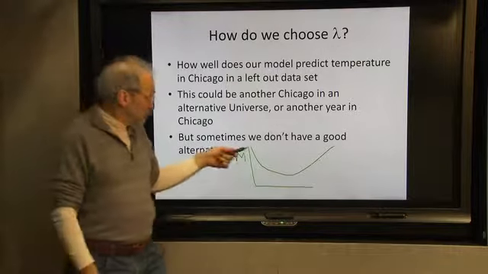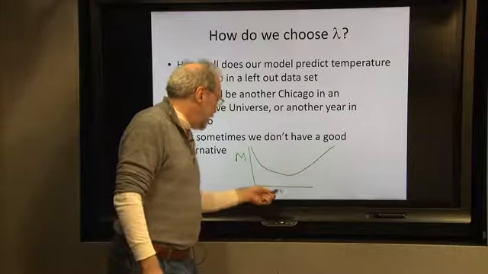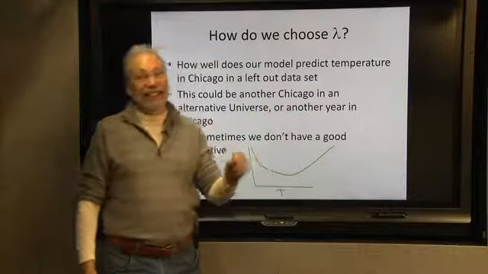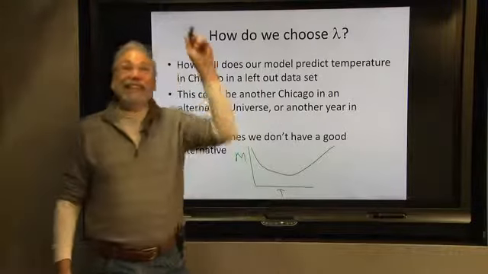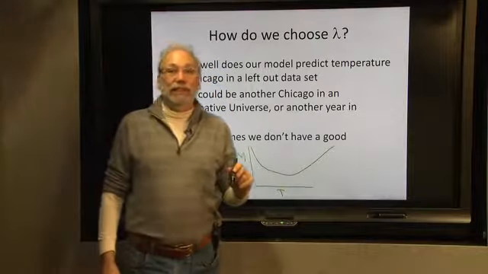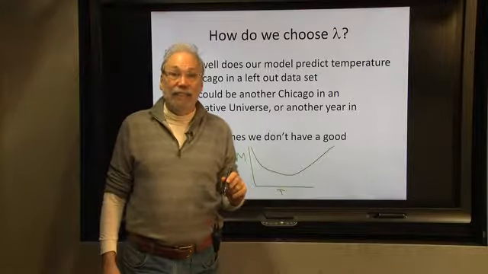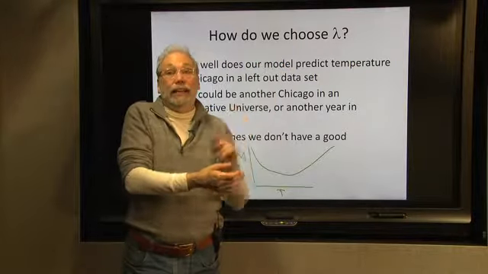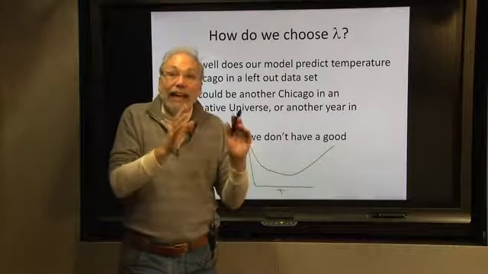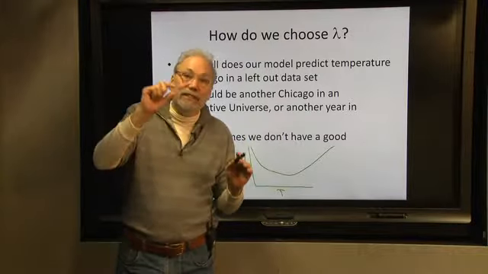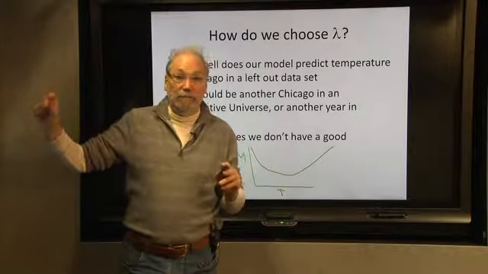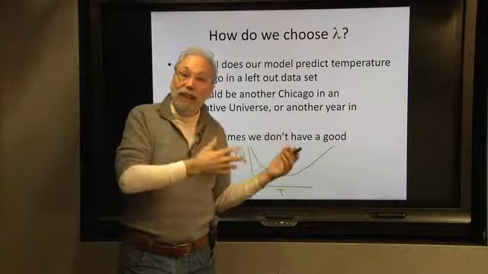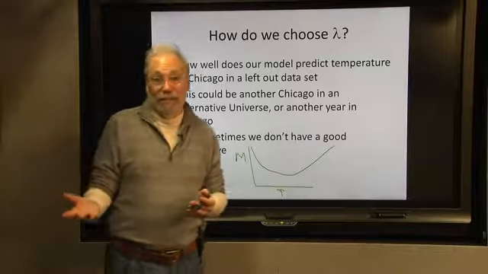I take the predicted mortality at every temperature from this curve, and I go in the validation data set, and I say, oh, well, 22 degrees, bingo, that's my prediction for how many people died on that day. And then in my validation data set, I have how many people really died on that day. And I add up the sum of the squares of the prediction error. And that's a measure of how reliable the prediction was.